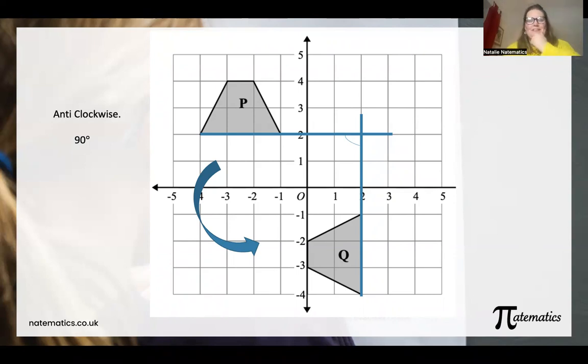I'm going to show you another example in a minute of how we can find that. Now, what we also have to show with rotation is the direction, the angle, so how much we've rotated it in terms of degrees, and then where we fix the point. That's literally where you, with your pencil, fix the tracing paper and rotate round.